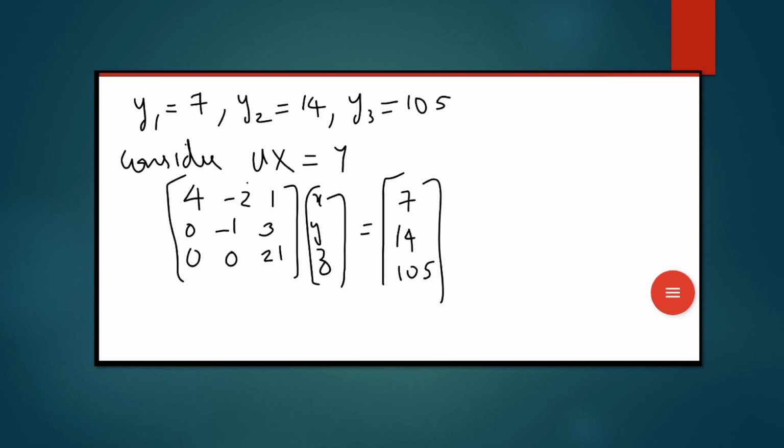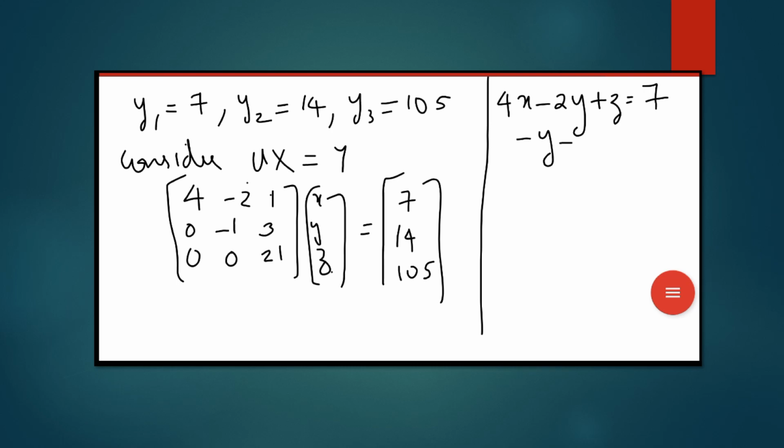Then you have to do the matrix multiplication, that is 4 into x plus minus 2 into y plus 1 into z equal to 7. So we get the first equation as 4x minus 2y plus z equal to 7. The second is minus y plus 3z equal to 14. Then the last one, 21z equal to 105.